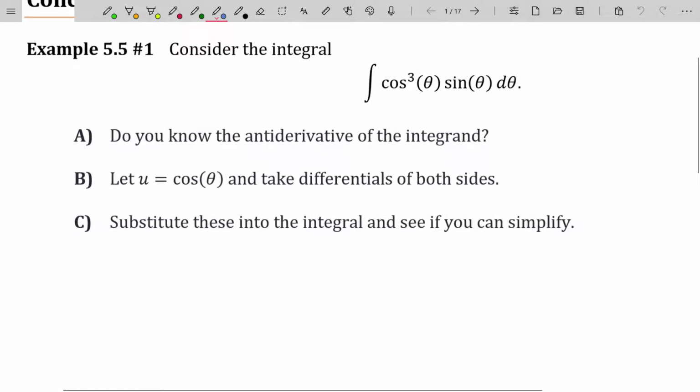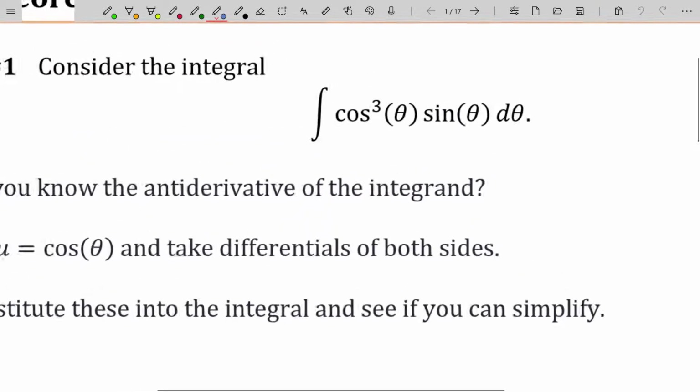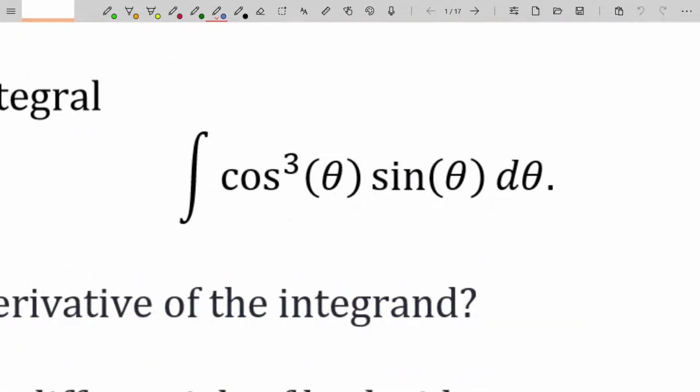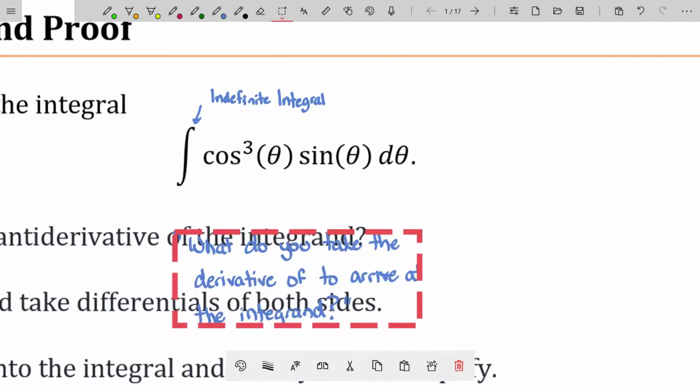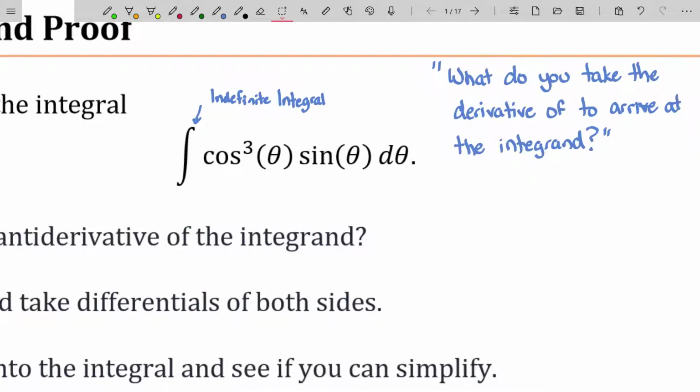Consider the following integral: the integral of cosine cubed of theta, sine of theta, d theta. Again, this is an indefinite integral that we learned from the last video series. Normally indefinite integrals return the antiderivatives. So you often ask yourself when you see an indefinite integral, what would you take the derivative of to arrive at the integrand?